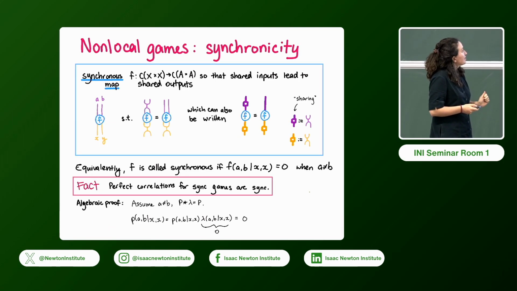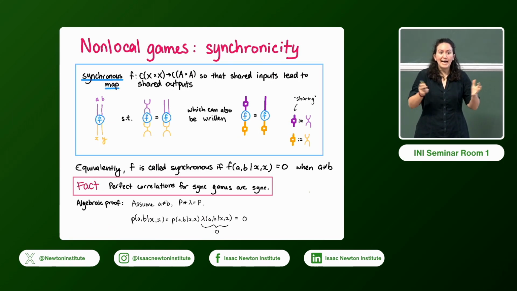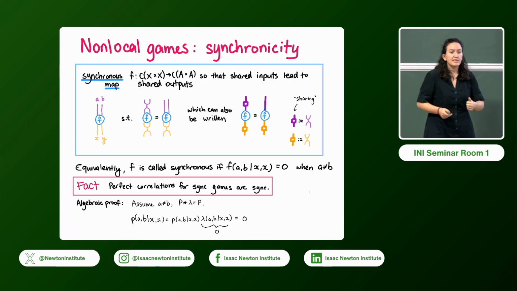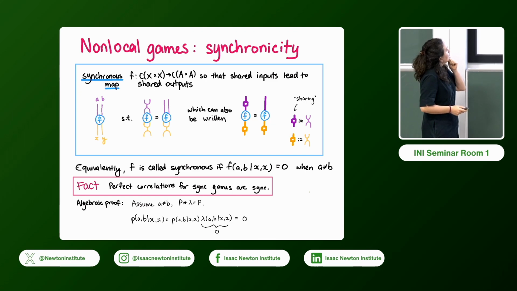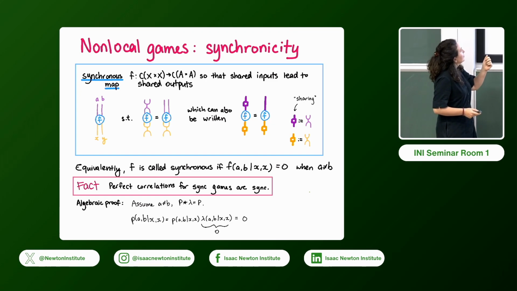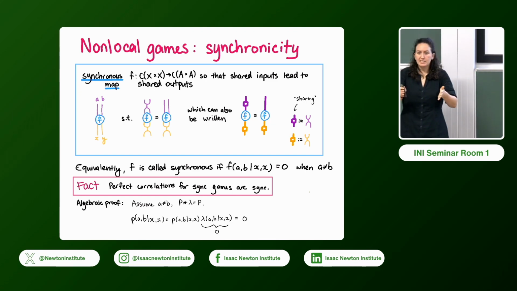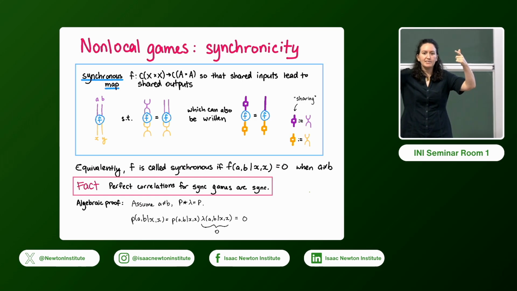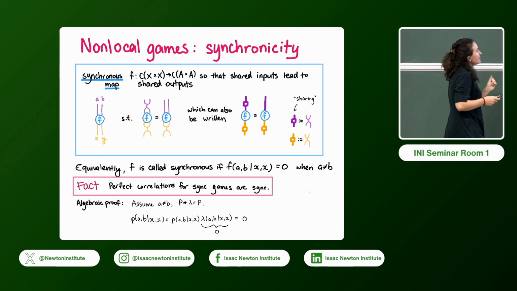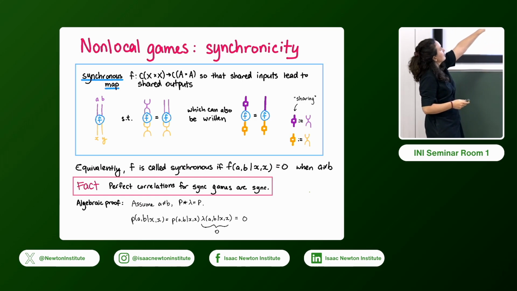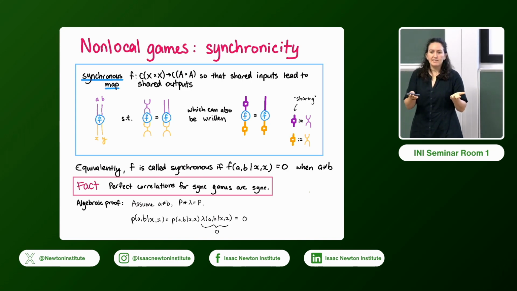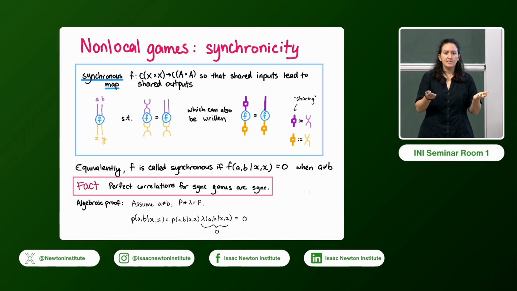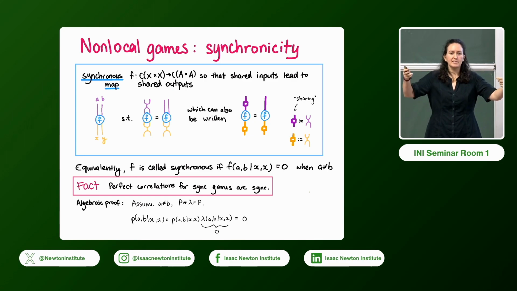Okay, so the last thing I'm going to define in the classical case is what it means for either a game or a correlation to be synchronous. So if you have any map from 2 copies of the same question set to 2 copies of the same answer set, you can say it's synchronous if it satisfies this equation, which to me says that if you have diagonal inputs, then you must get diagonal outputs.